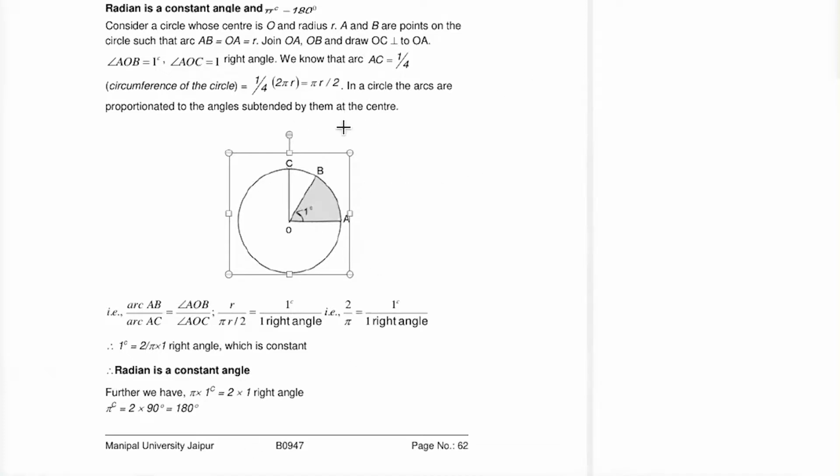As you can see here, this 180 degree is made by this radius r. Then what will be its circumference?